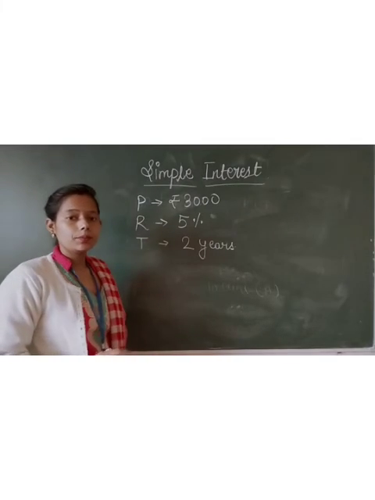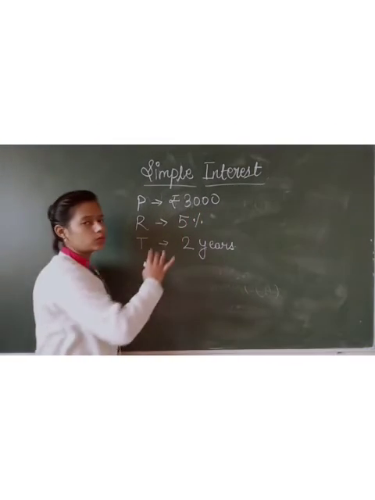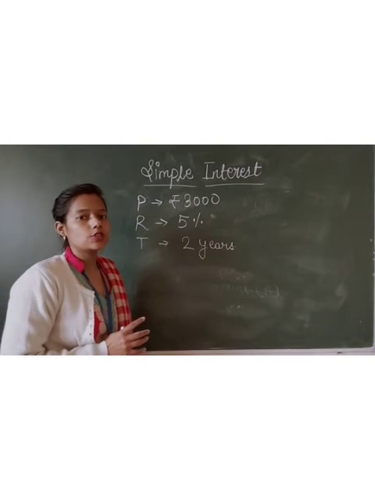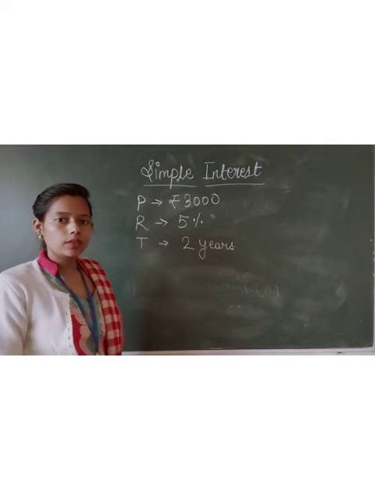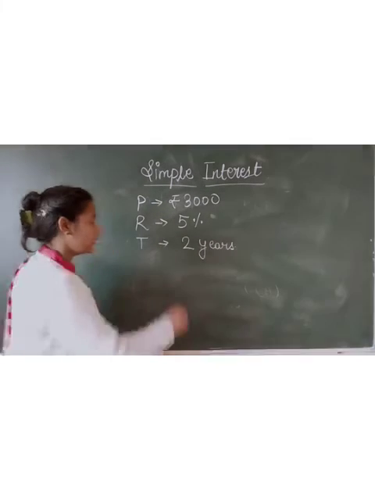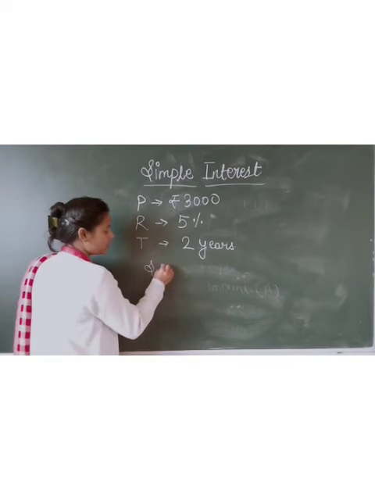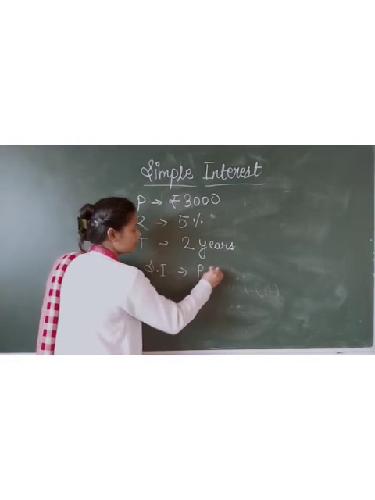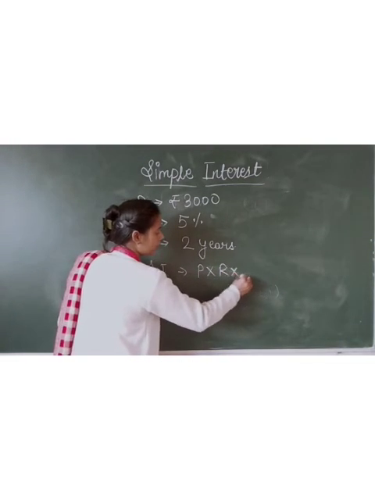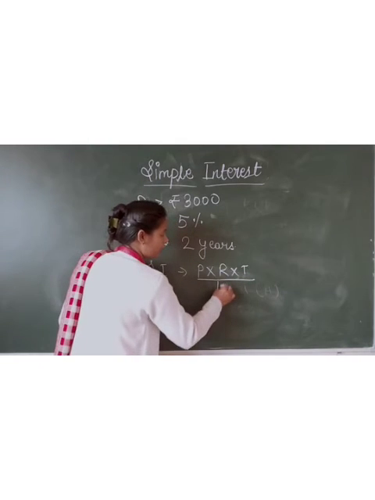If a person borrowed money of 3,000 rupees at a rate of 5 for 2 years, how can we calculate the simple interest of it? So class, the simple interest formula is principal multiplied by rate multiplied by time upon 100.